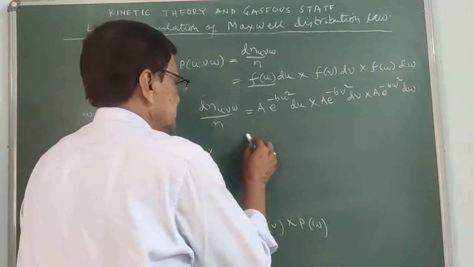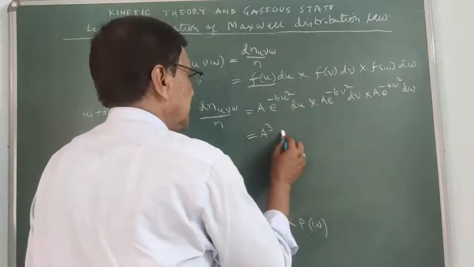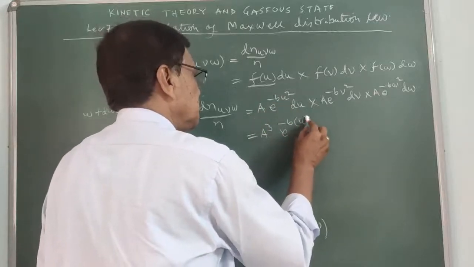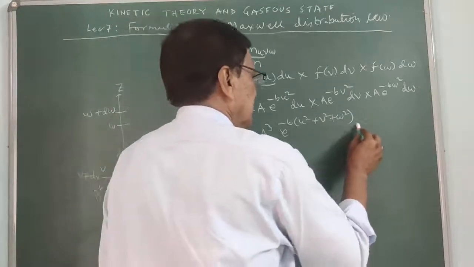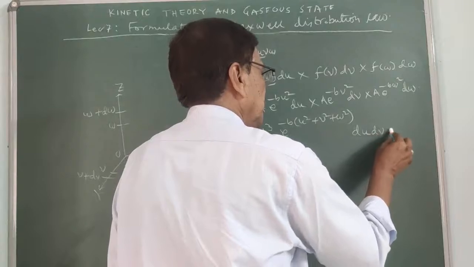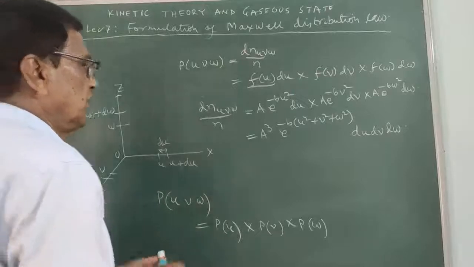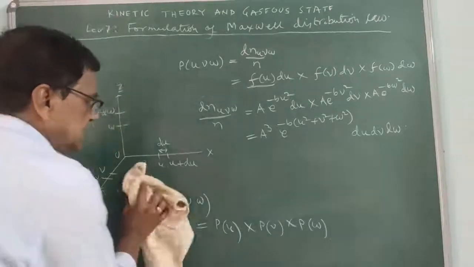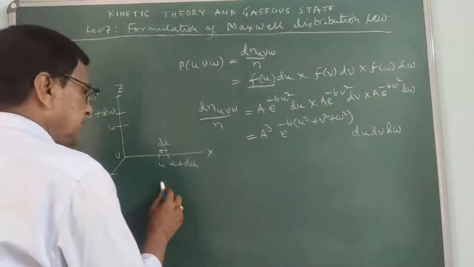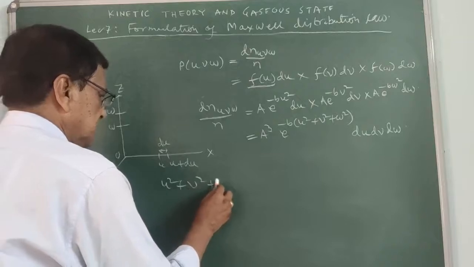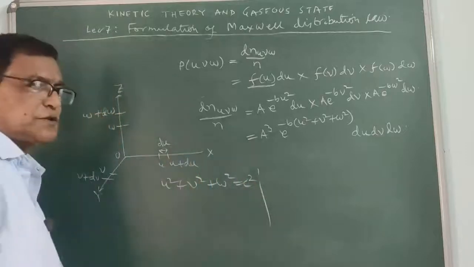And this is equal to A cube e to the power minus b times u square plus v square plus w square, du dv dw. We know that already, I have said this: u square plus v square plus w square equal to c square, where c is the resultant speed.